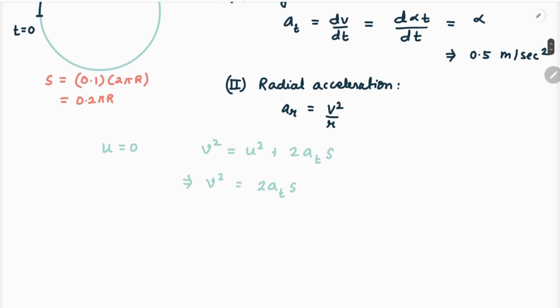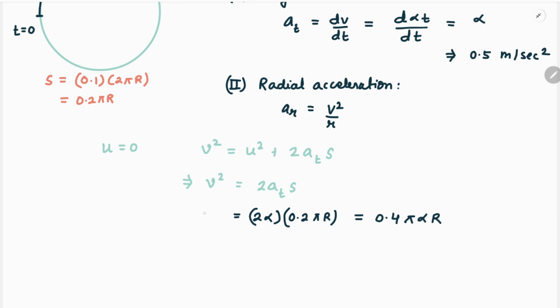If we put this value here, then v square equals 2 alpha, which is the tangential acceleration we have already evaluated, times 0.2 pi r, and on solving we obtain 0.4 pi alpha r.